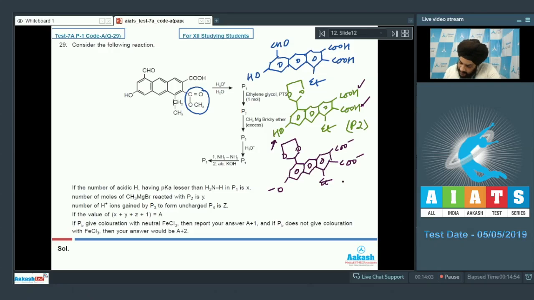So this is the product P3. Now the product P3 is allowed to undergo hydrolysis. So hydrolysis converts it to the structure P4, which is represented by this structure.